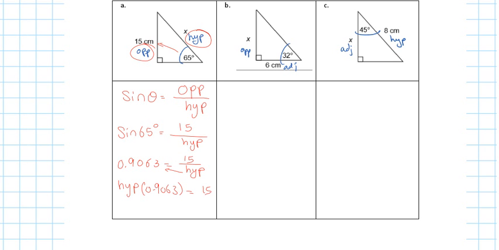Now, how do you get rid of this? You bring it over and it becomes 15 divided by 0.9063. So it's not the other way around. It's going to be 15 divided by 0.9063.